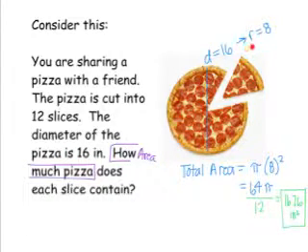So I know the radius is 8. This isn't the only way you can solve this problem, but I found the total area of the pizza by doing pi r squared. So 64 pi is the total area. Then I know the pizza is cut into 12 slices, so it's being divided into 12 pieces evenly. I did the total area divided by 12, and I got 16.76 square inches.